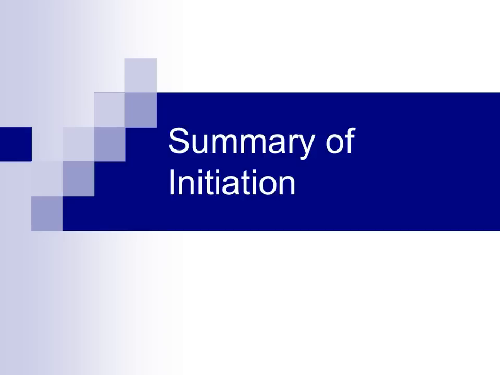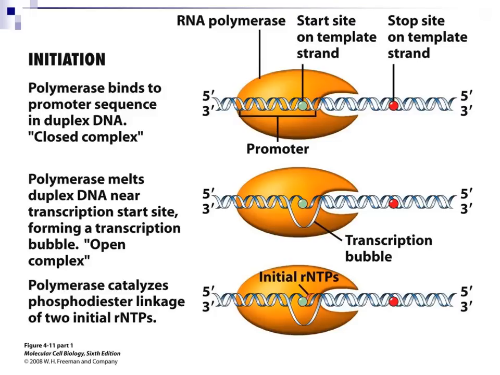Okay, so let's go through a summary of initiation, which we've been looking at. All right, for initiation, you will have transcription factors bind to the promoter. That will trigger the RNA polymerase to bind to the promoter region.